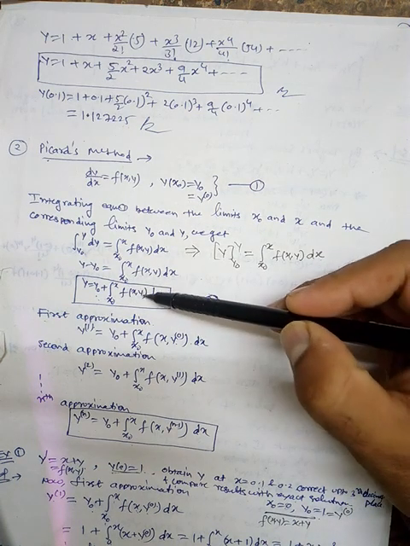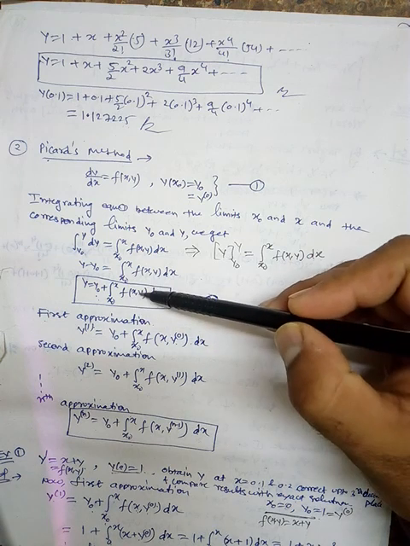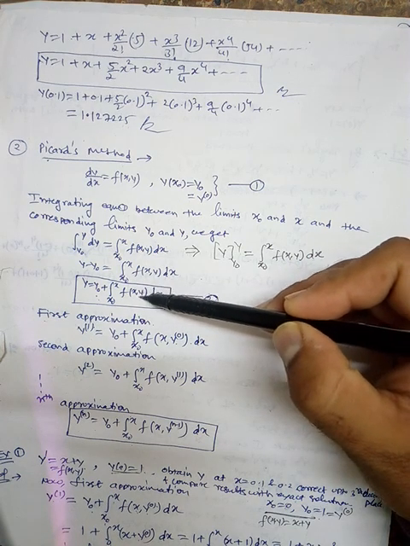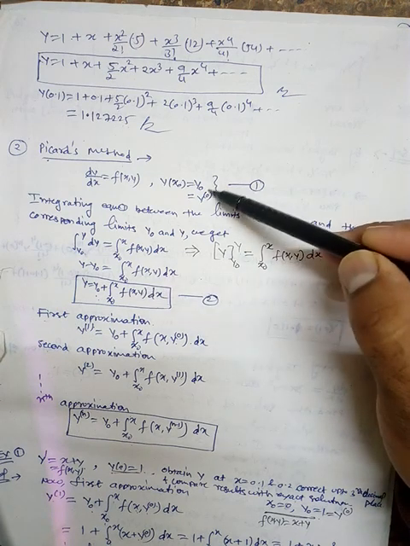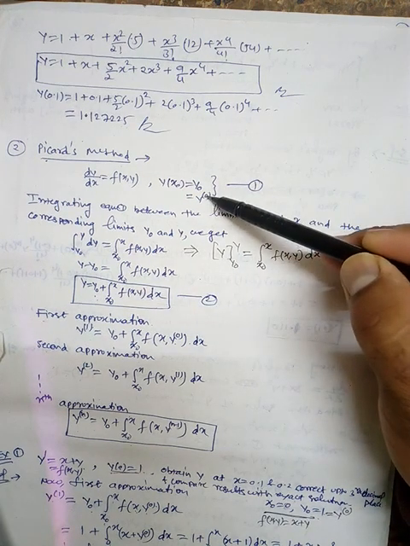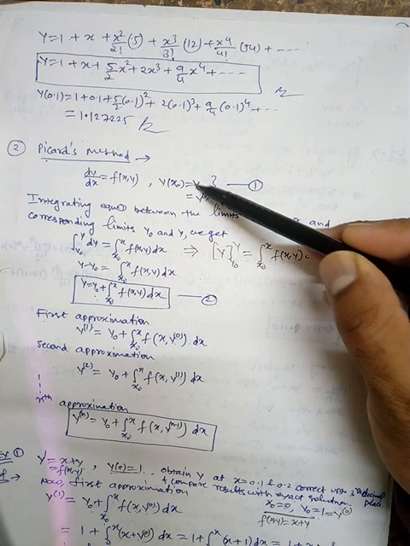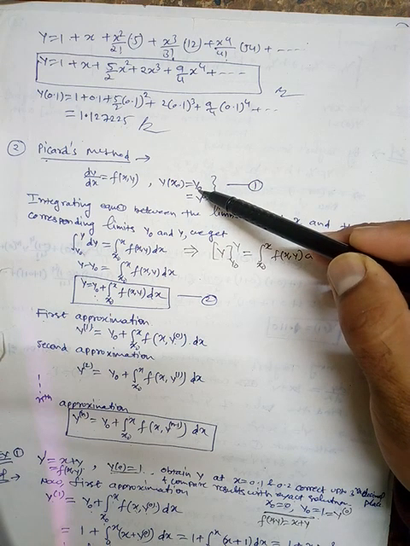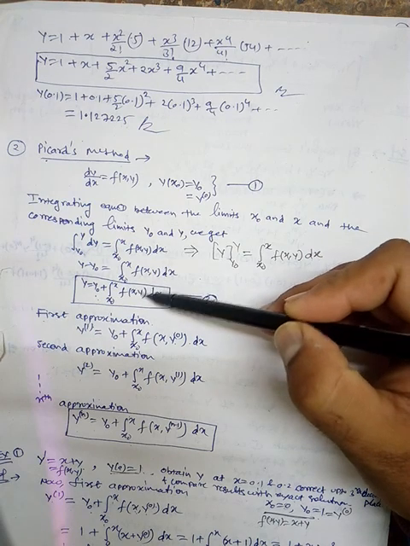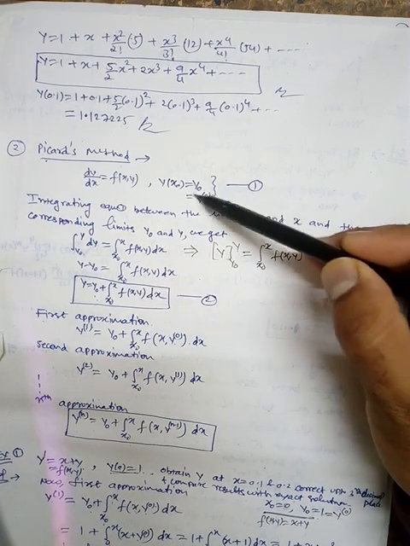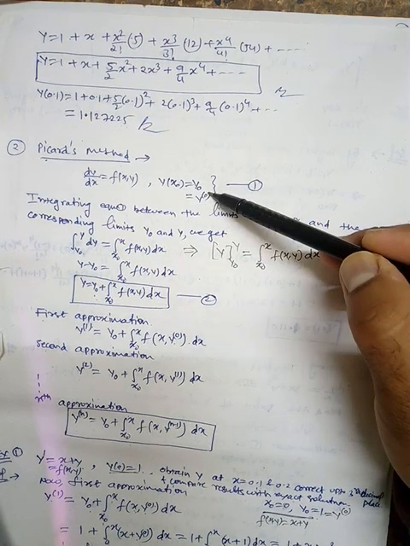To resolve this difficulty, in place of y, we will use the initial guess, denoted by y0 in superscript. That means the initial value of y at the point x0. So rather than using the variable value, we will use this constant value or initial guess.